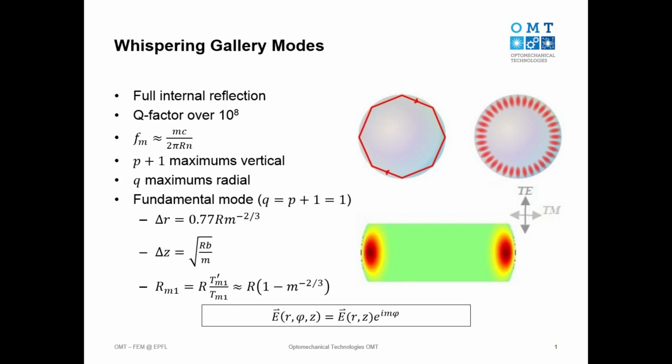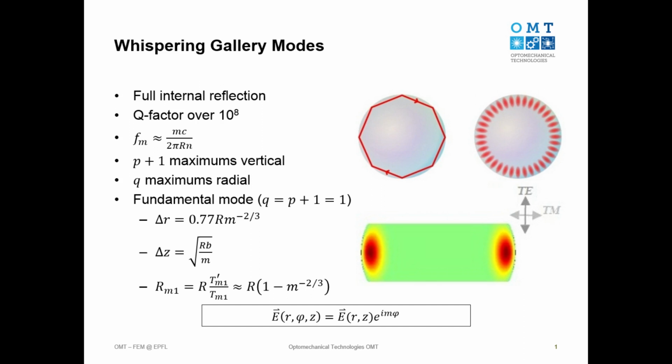What is important here is that for the fundamental mode, and we are basically interested in fundamental modes, we can get some parameters, for example, the radius of this mode in both directions and its position. You can see the formulas here. I actually use them in the simulation to simplify it.